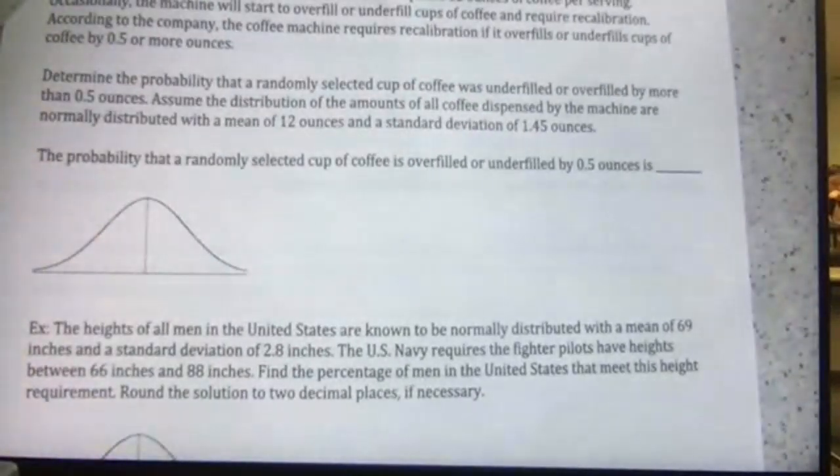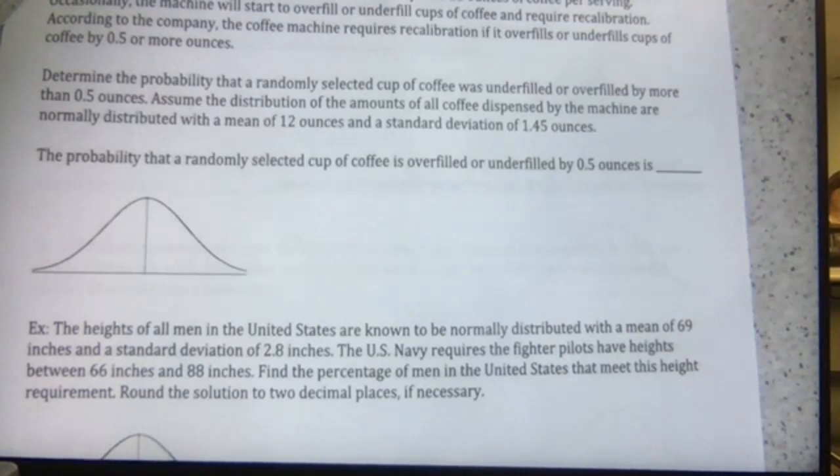All right, so let's knock out these last 2 that are like this. It says a single serving coffee machine, so a Keurig, is programmed to dispense 12 ounces of coffee per serving. Occasionally, the machine will start to overfill or underfill cups of coffee and require recalibration. According to the company, the coffee machine requires recalibration if it overfills or underfills the cups by 0.5 or more ounces.